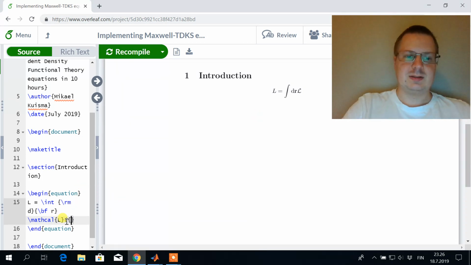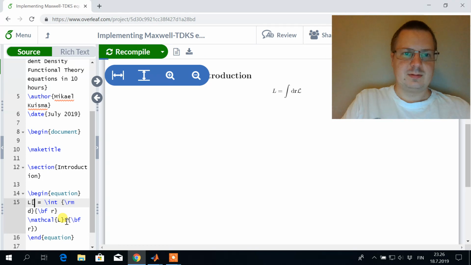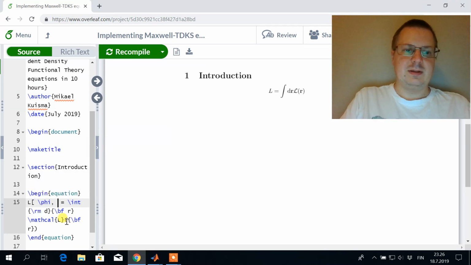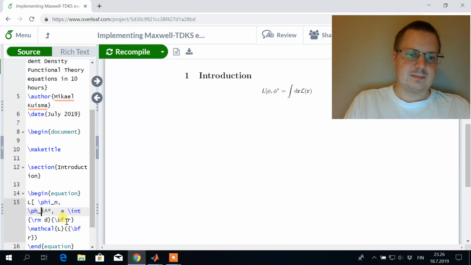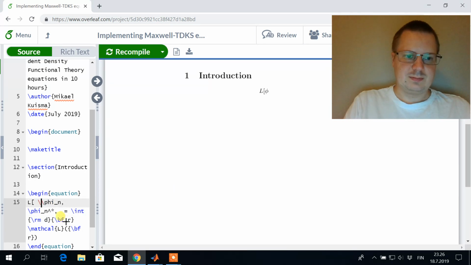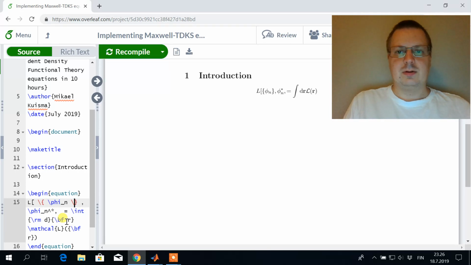which depends on r, and the Lagrangian should depend on the wave functions. These are the Kohn-Sham wave functions, and there can be many of them.